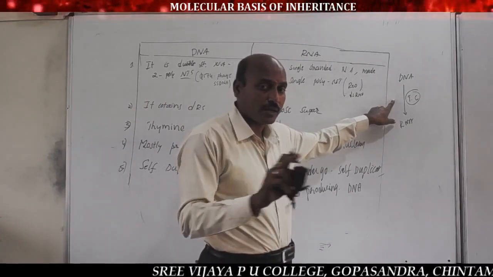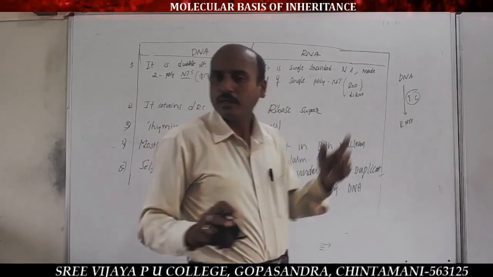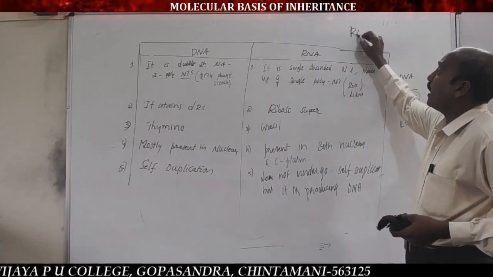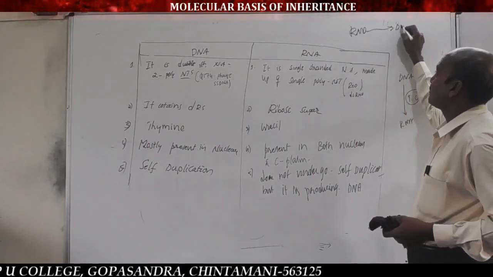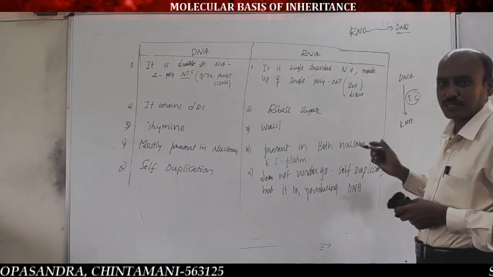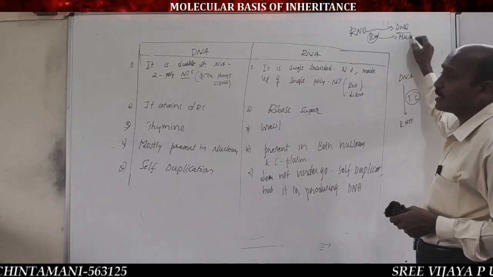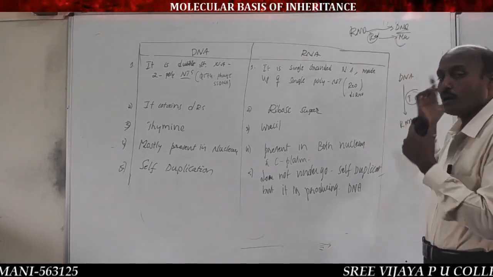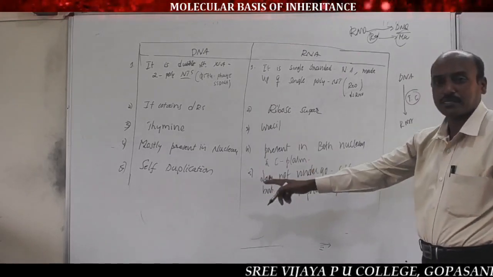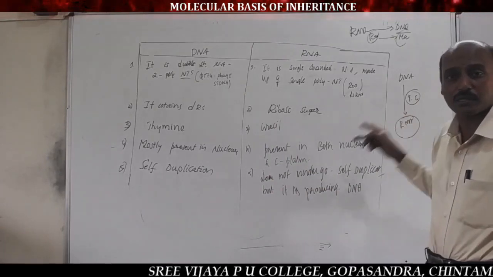But RNA never undergoes self-replication except, very important, in retroviruses. In retroviruses, RNA produces DNA. That process is called reverse transcription. So except in retroviruses, in the majority of viruses, including all eukaryotic cells, DNA undergoes self-replication and thereafter produces different types of RNAs by the process of transcription.